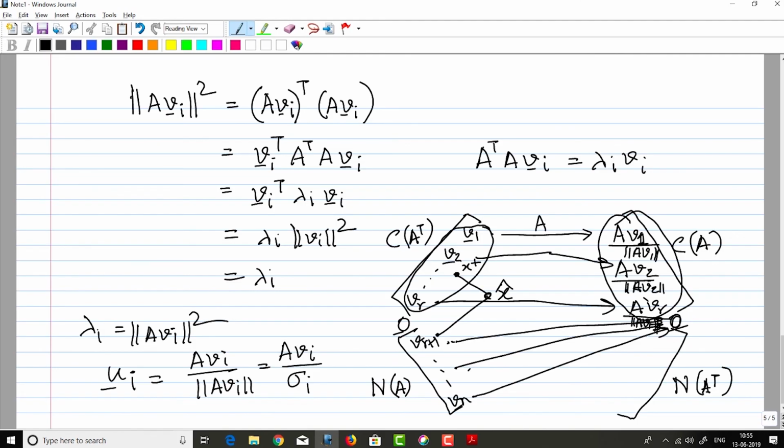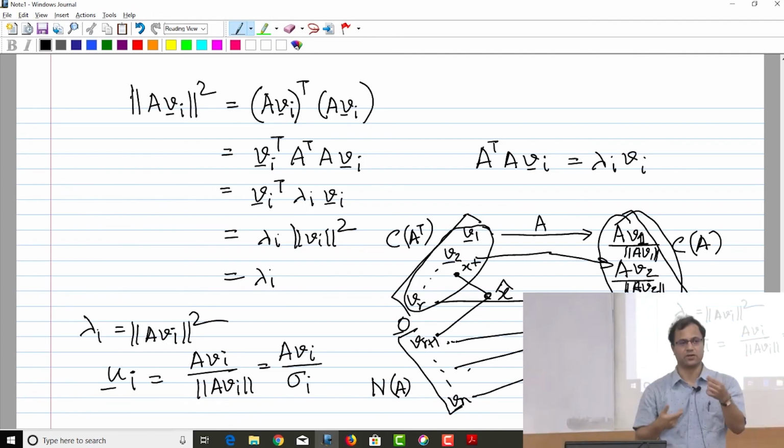Okay, because in general this X cap will come from Rn. Then we will have two components. One will be in the row space, and one component will be in the null space. So you can choose any component here from the null space.